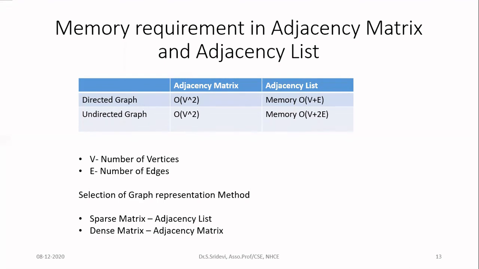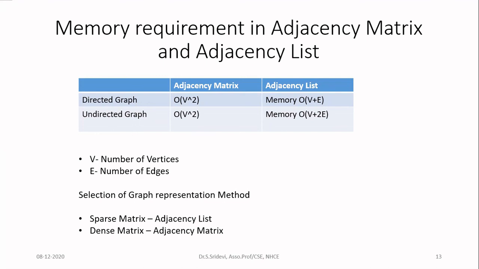If your graph is dense, you go for adjacency matrix. Why are we not choosing adjacency list for dense graphs? In case of adjacency list, we are storing 2 fields in every node. One is the data, another is a pointer. So if your graph is dense, it is having almost all the edges. So if you store by using adjacency list, for every node, you have to store an additional pointer also.